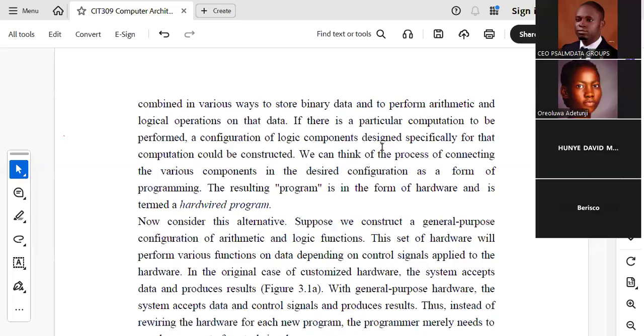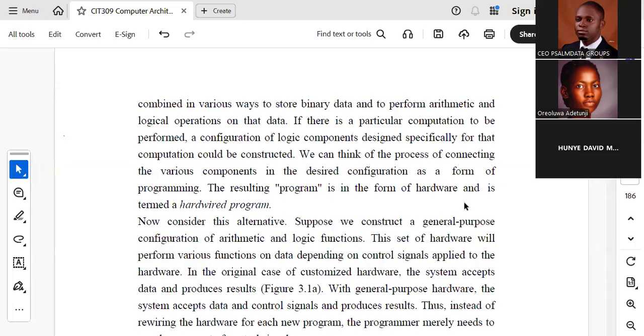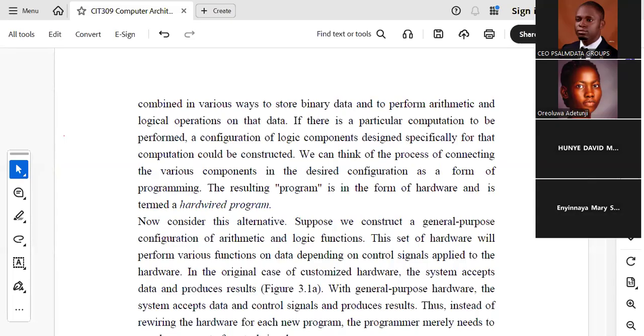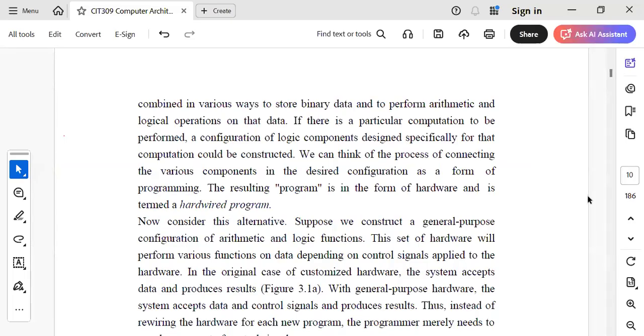For instance, assuming you work in an oil company, and there is a part of your operation that keeps reoccurring. Now you want to design a computer architecture that can handle that easily.